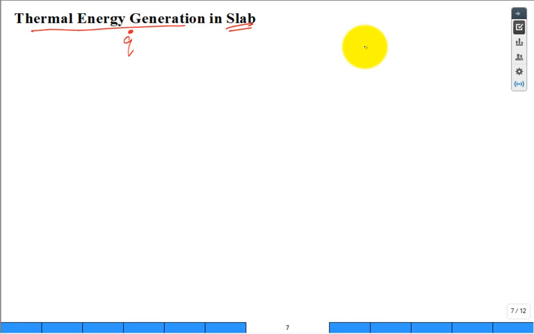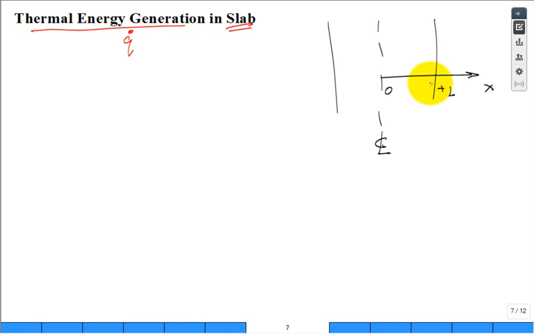Our favorite slab coordinates is to put the center line at x equal to 0. And so we go out a positive L and then a negative L. So x is a coordinate direction going from negative L to positive L. So our slab or wall thickness is 2L.